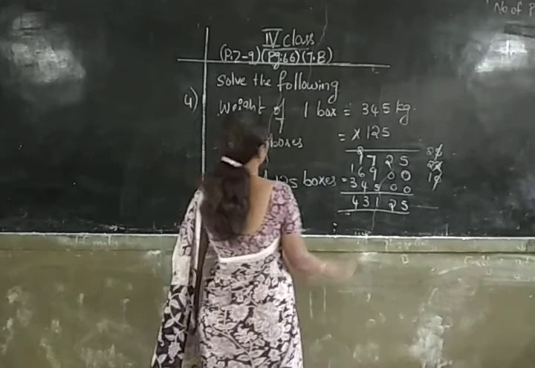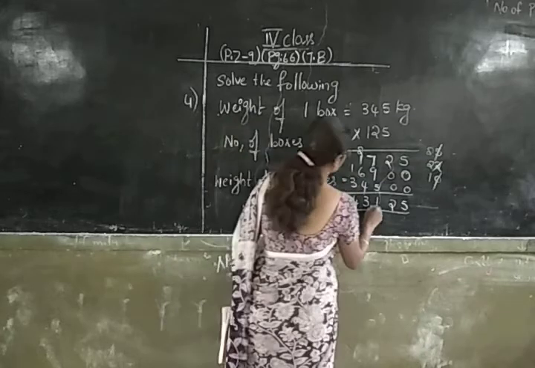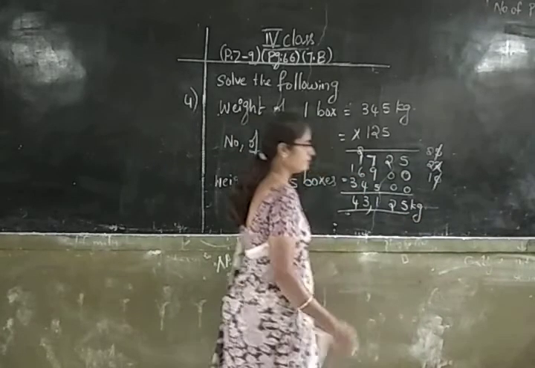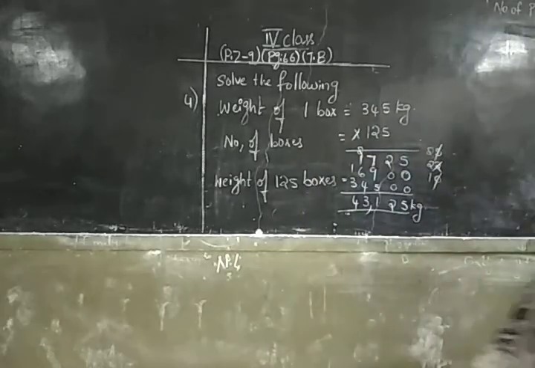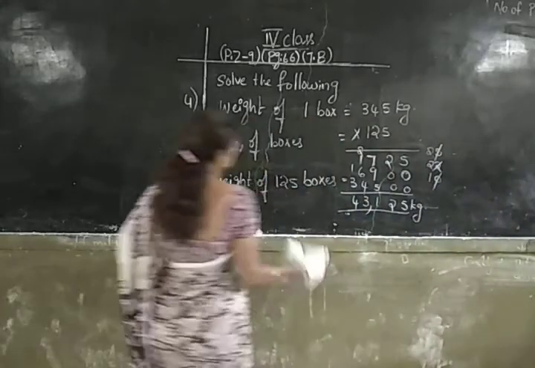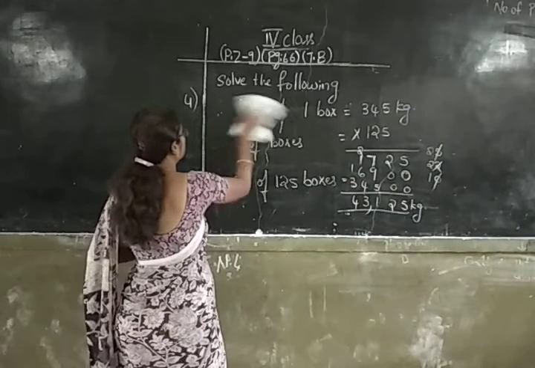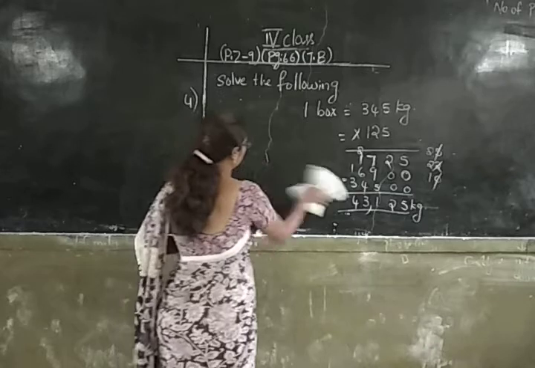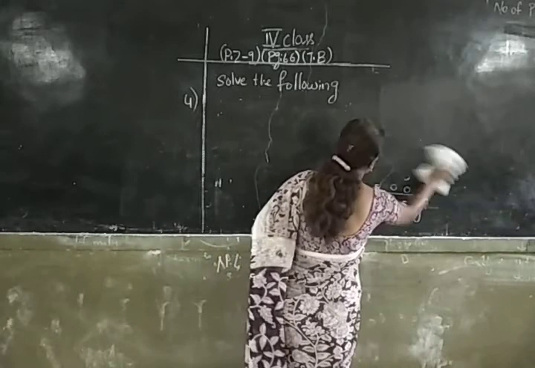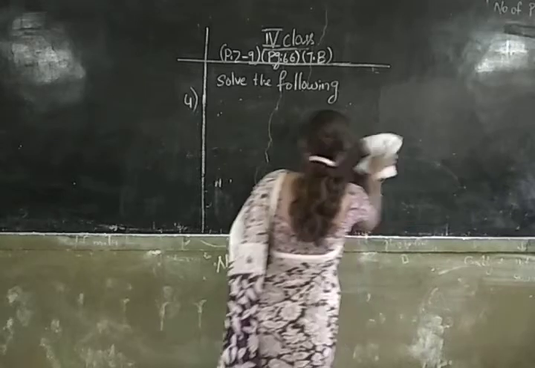So the weight of 125 boxes is 43,125 kgs. Okay children. Let us do the last sum, which is the fifth sum.